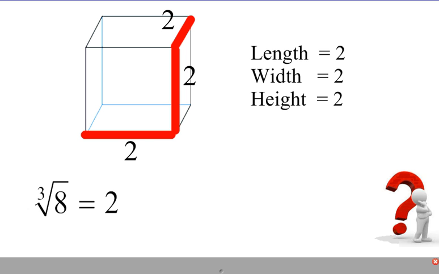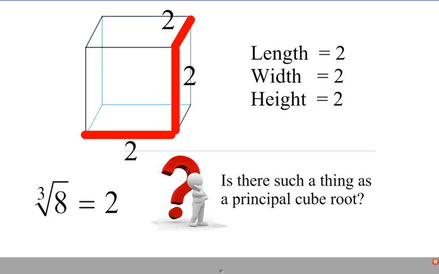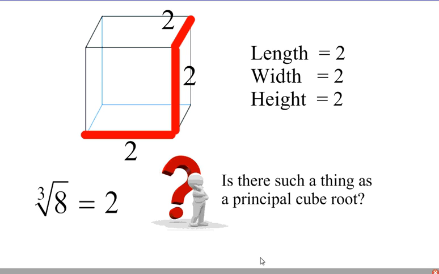Now, here's a question I have. Is there such a thing as a principal cube root? In other words, are there 2 roots available for the cube root, and we only consider 1, or is there only 1? Well, let's think about this a second. I need to be able to multiply a number 3 times. 2 times 2 times 2. That's what gave me the 8.